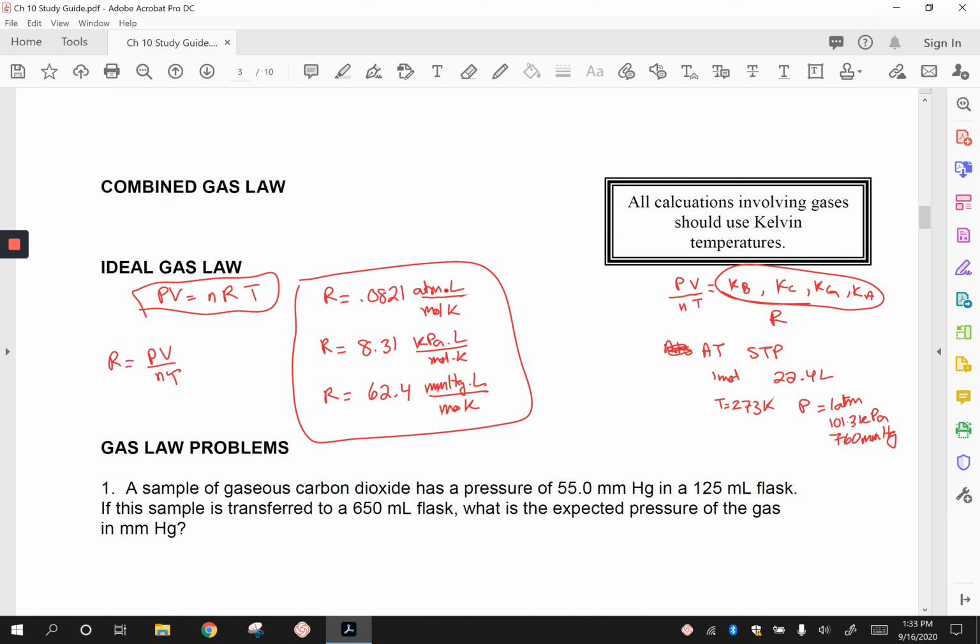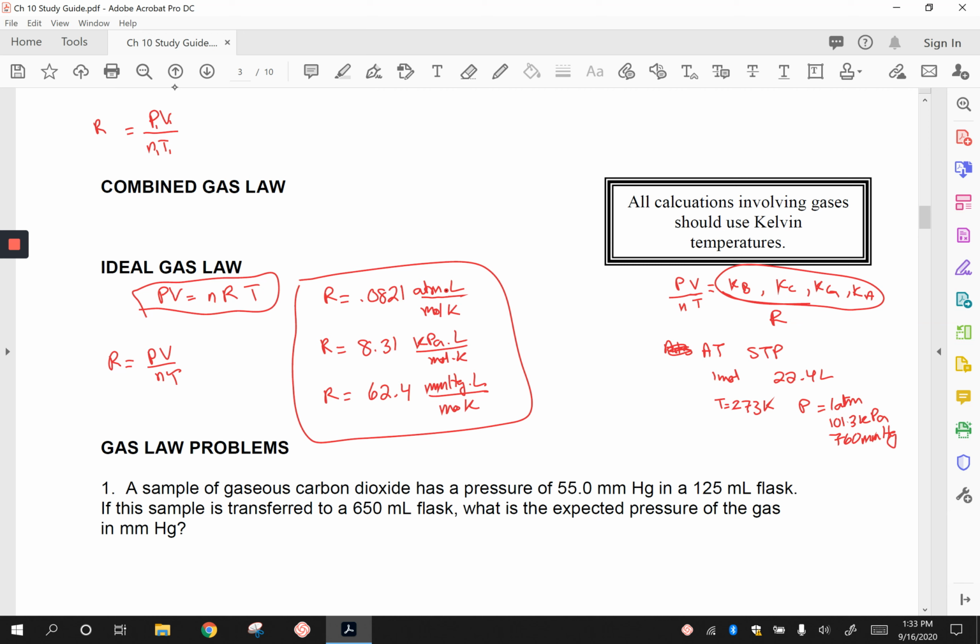The combined gas law is if you have one set of conditions. So I'm going to rewrite: R is equal to PV over NT here. Let's say I have a certain gas with a certain pressure, volume, amount, and temperature. If I do this calculation, I get R. Let's say I have a completely different gas, or I take that gas and change things in it.